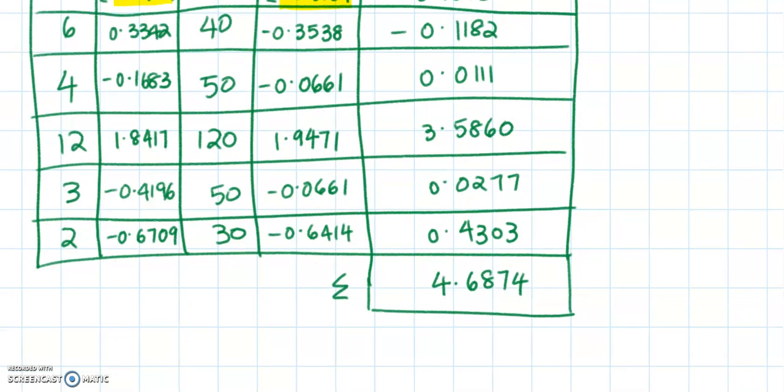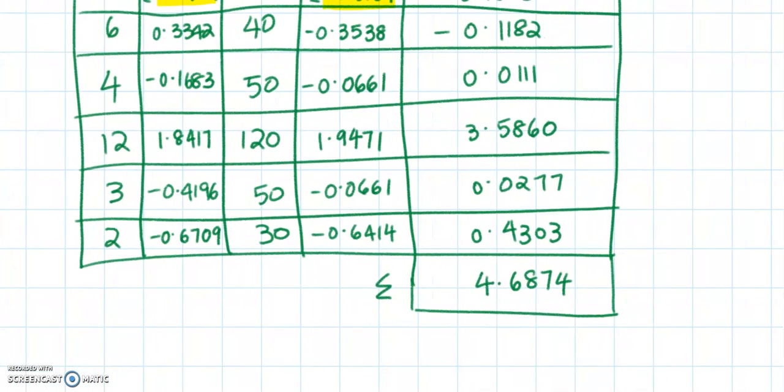All we do right now is slot this in. Let's write down our formula for r, which is 1 over n take away 1, multiplied by the sum of our values from i equals 1 to n.